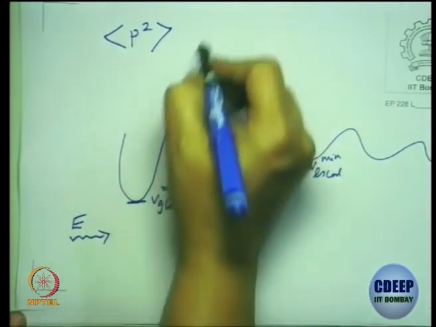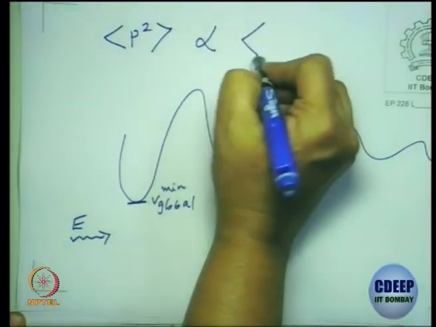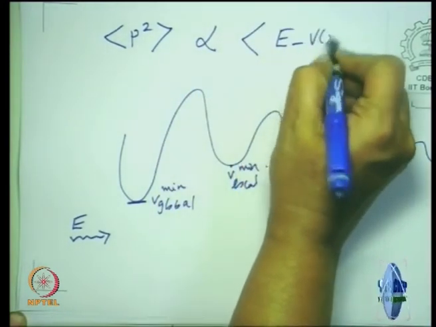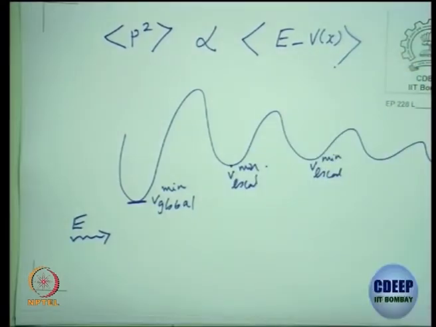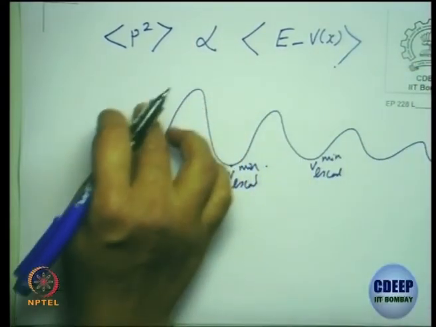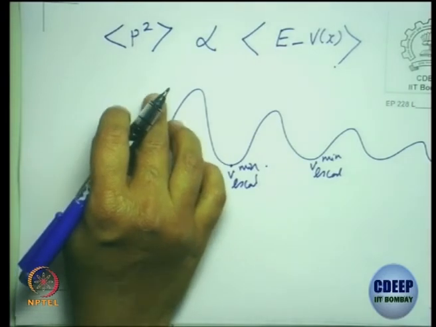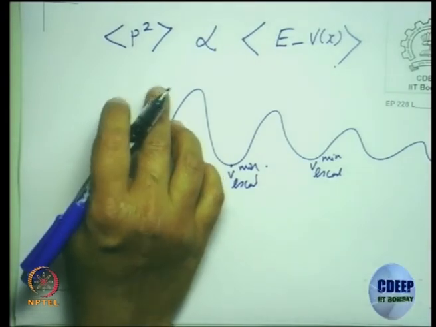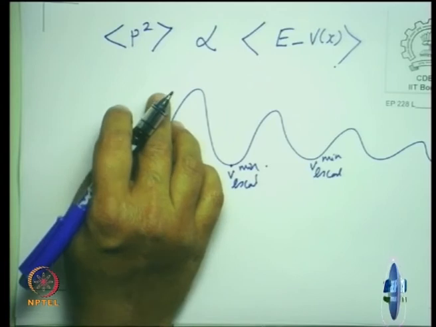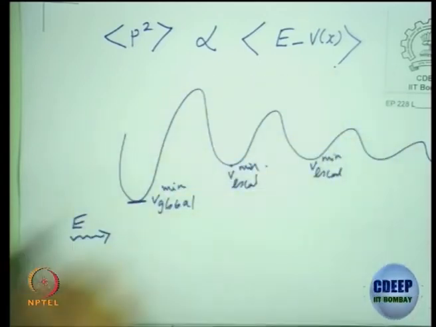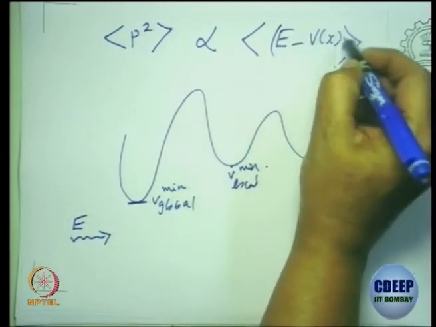If you try to do the expectation value of P squared, that will be proportional to the expectation value of E minus V of x in the Schrodinger equation. P squared over 2m in the Schrodinger equation, the expectation value will be the same as the expectation value of E minus V of x.